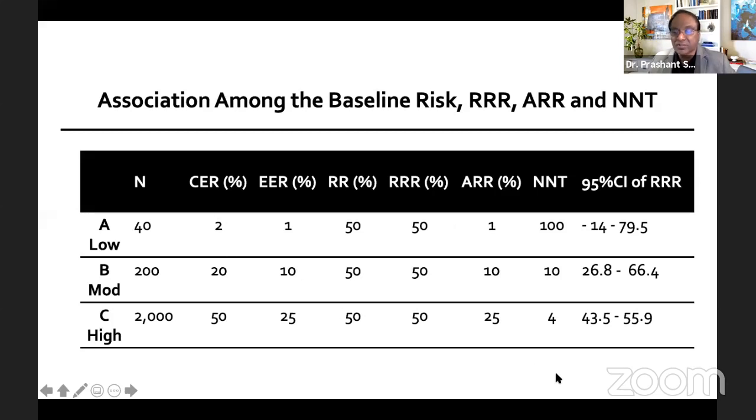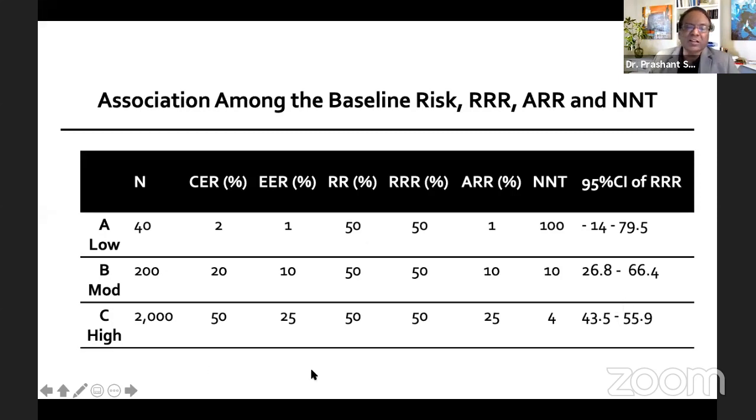Okay, so that is how your treatment decision changes clinically when you look at the patient with different risk, which simply tells you that you cannot use the same drug, same doses, or same duration of treatment for all of the patients.